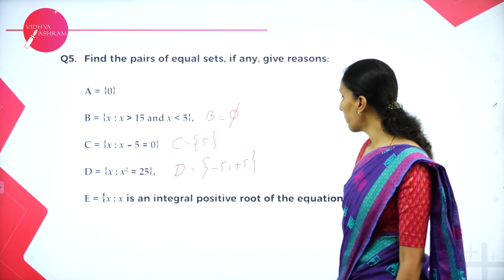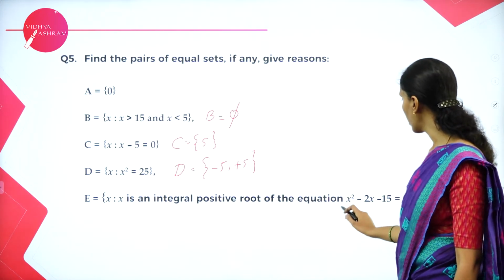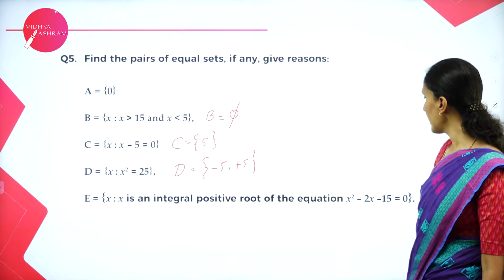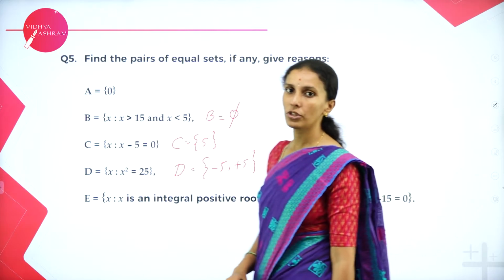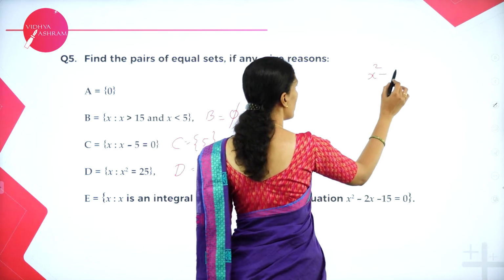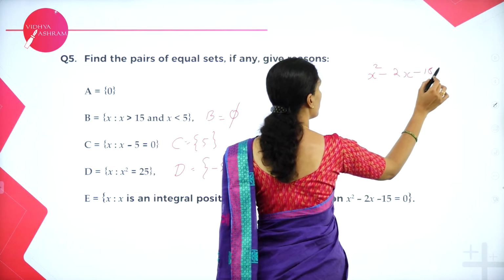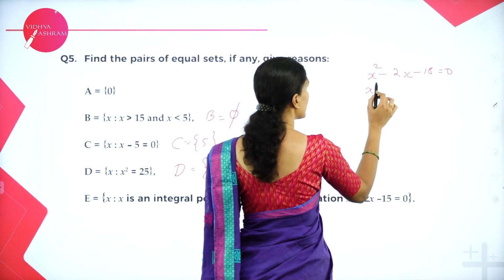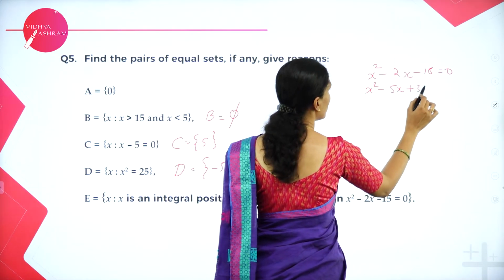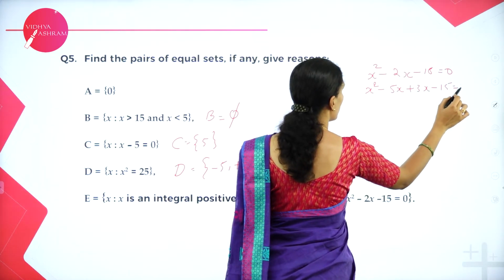E: x is an integral positive root of the equation x² - 2x - 15 = 0. If you solve this equation, you will get two roots. x² - 2x - 15 = 0, that is x² - 5x + 3x - 15 = 0.